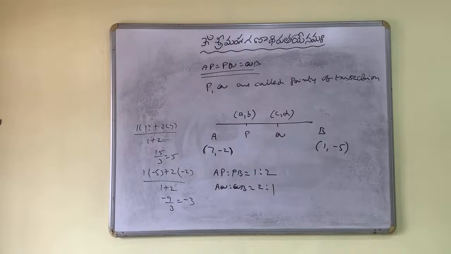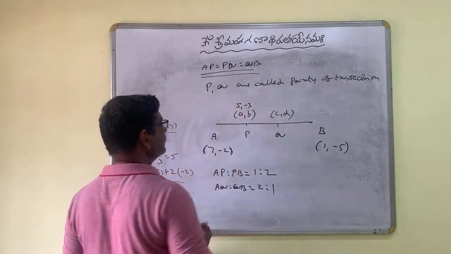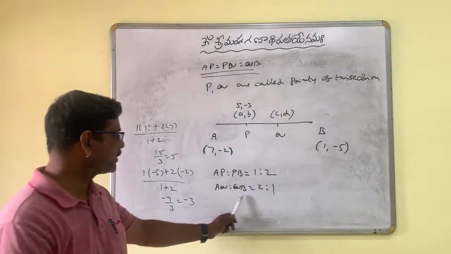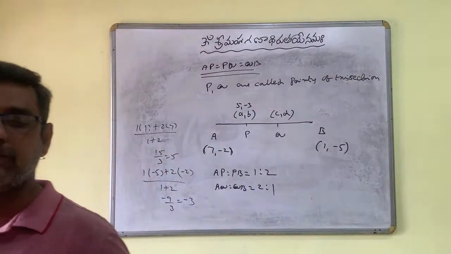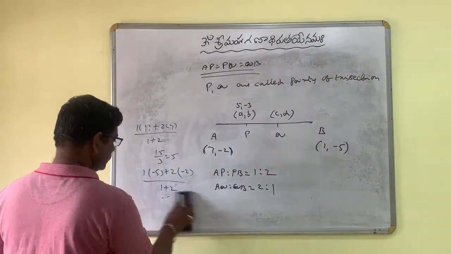So P coordinates are 5 comma minus 3, and then using this ratio 2:1, find out Q coordinates. Okay na? I am taking out this problem.